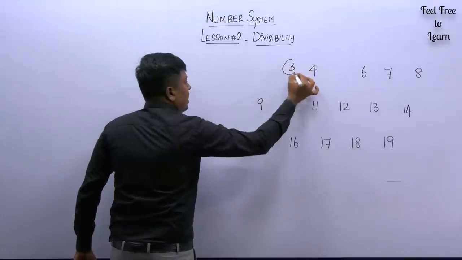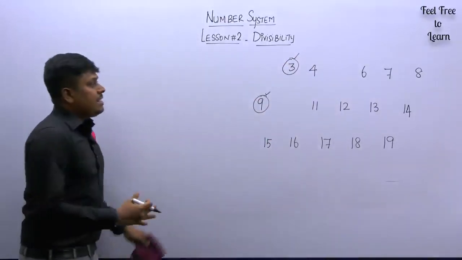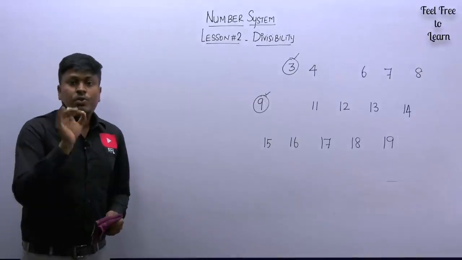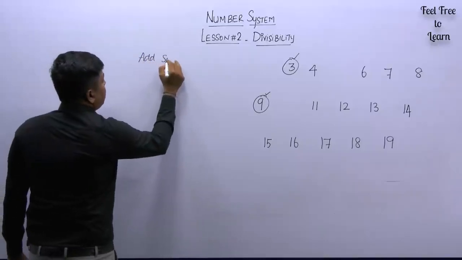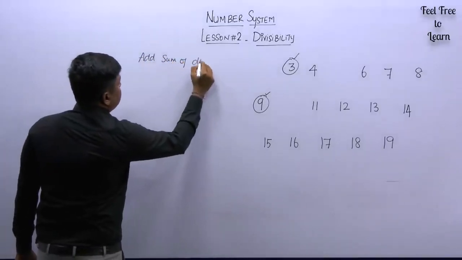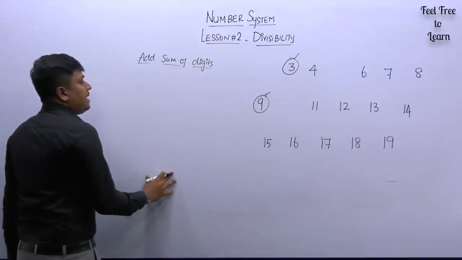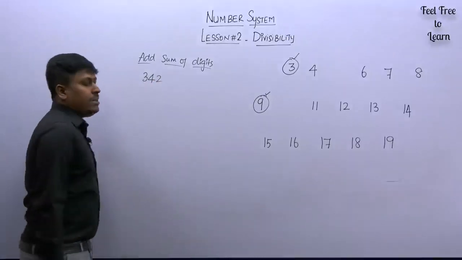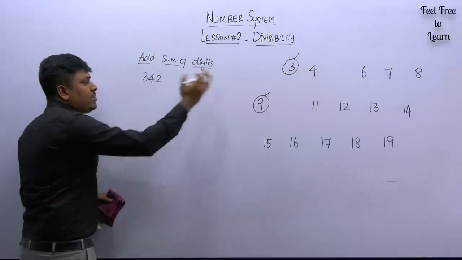Number 3 and number 9 fall in the same category. Just listen here, the divisibility rule of number 3 and number 9 is that you have to add the sum of digits. For example, let me take the number 342. We need to check whether this number is divisible by these numbers.